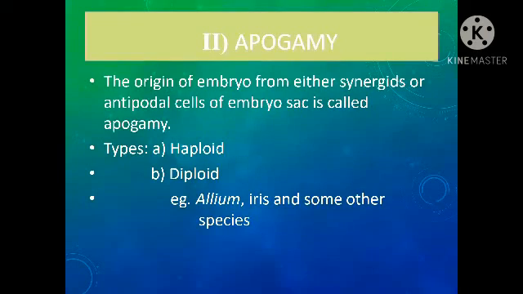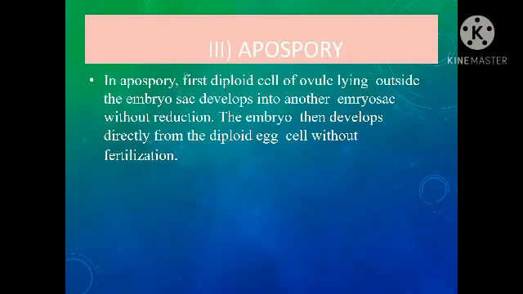Apogamy. The origin of an embryo from either synergids or antipodal cells of an embryo sac is known as apogamy. There are types like haploid and diploid. Examples like Allium, Iris, and some other species were included. In apospory, a cell of the ovule lying outside the embryo sac develops into another embryo sac without reduction.